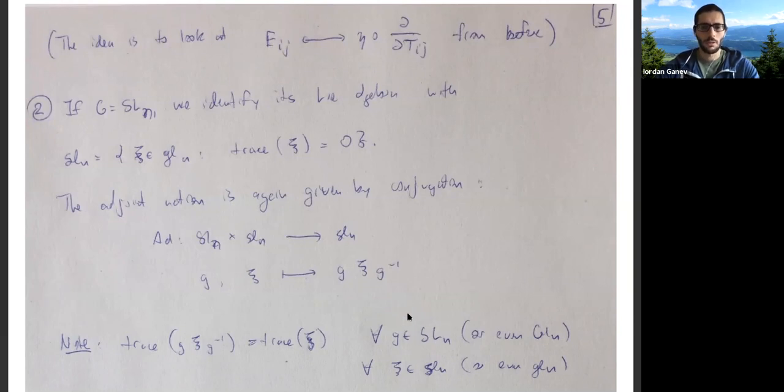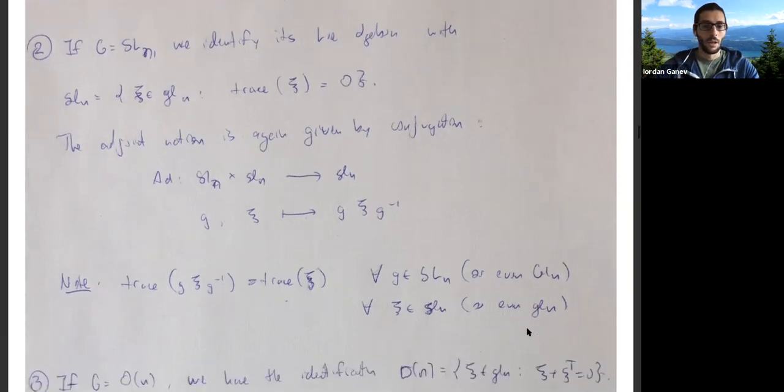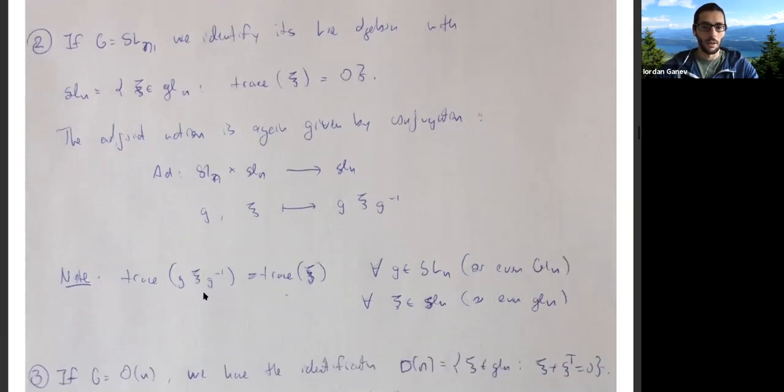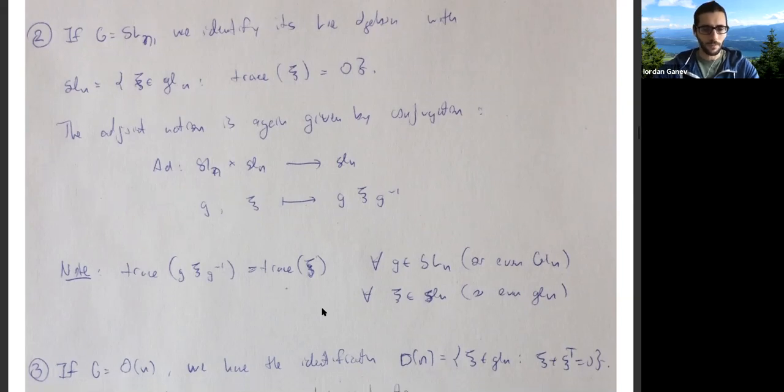Technically the adjoint action is only conjugation by SLN, but it's true even with GLN: we get an action that preserves the trace equals 0 condition. We didn't need xi to have trace 0. This equality is still true for any xi, but we only need it for trace equals 0.